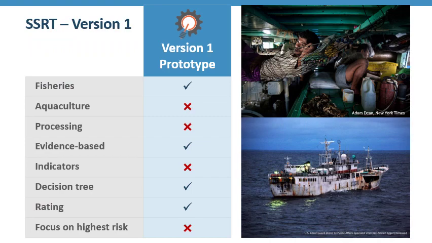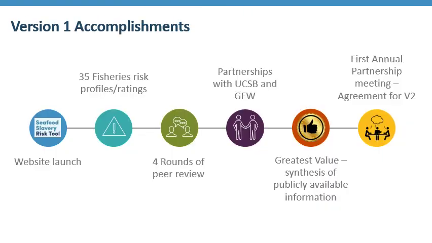This chart summarizes the elements included in the prototype risk tool version 1.0. We decided to have our expert analysts focus only on the catching sector of fishing as a first step. The prototype arrived at a risk rating using publicly available information that was run through a complex decision tree.